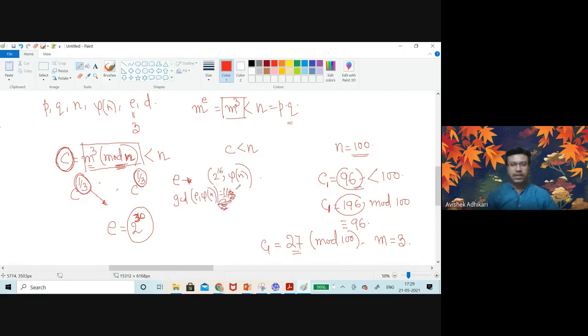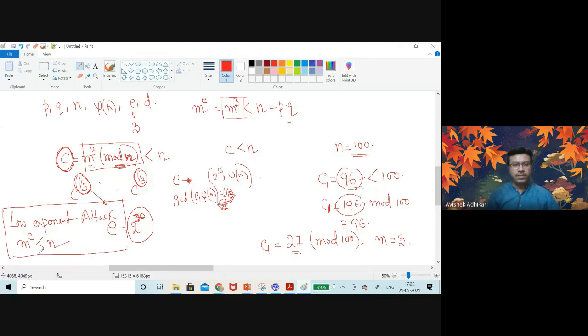Now it's clear. Otherwise, it could be a low exponent attack. So this is known as the low exponent attack, with a small message, such that m to the power e should be less than or equal to n. So two conditions are given.